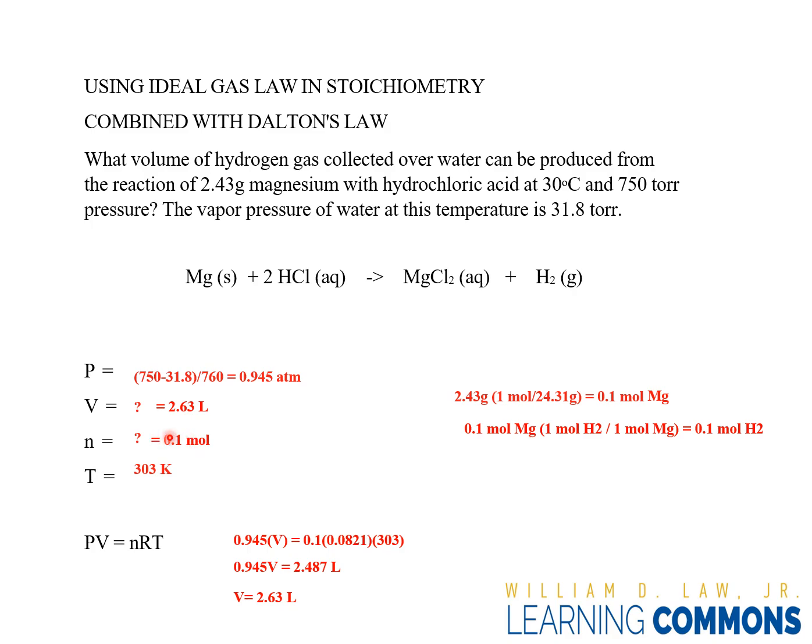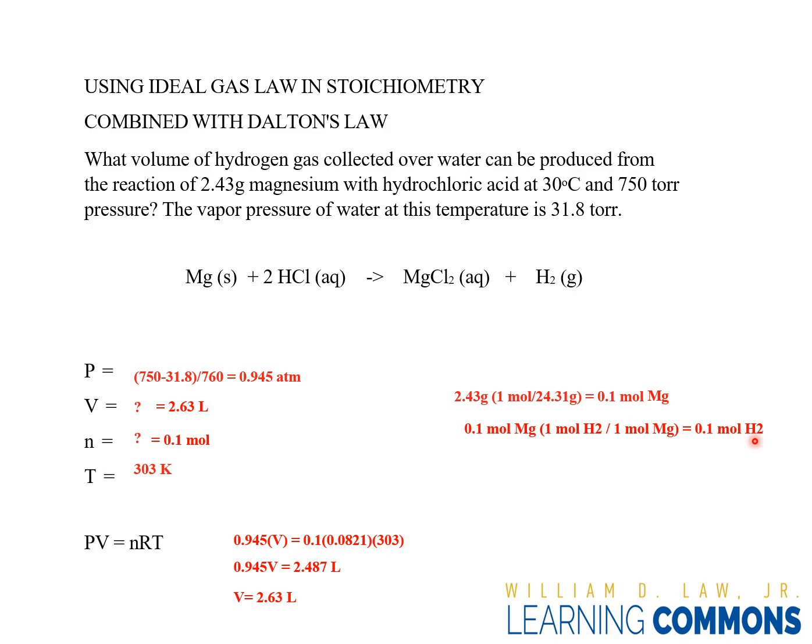How do I find it? Because he gave me the magnesium, 2.43 grams. I go to the periodic table, I convert it to the moles of the magnesium. After I find the moles of the magnesium, I use the mole ratio between the magnesium and the hydrogen, which is 1:1, and I got the same number.